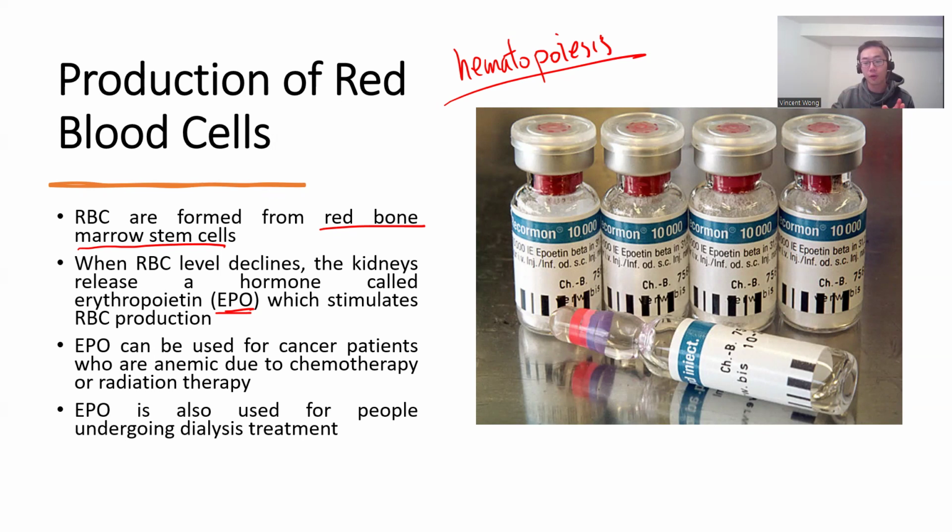So for dialysis, the kidney is malfunctioning not because it's not making EPO. It's malfunctioning because it's not filtering the blood to make the urine. Because it's not cleaning the blood, that's why in dialysis you have to take the blood out of the body, clean it, and put it back, right? So this is called dialysis.